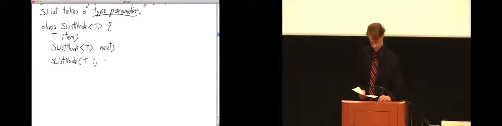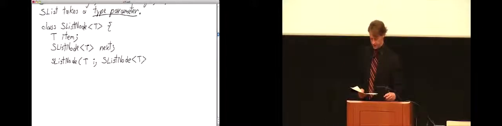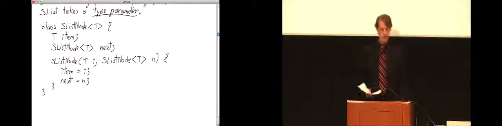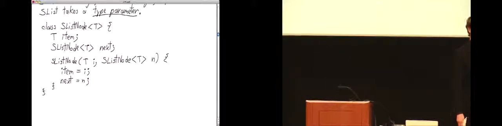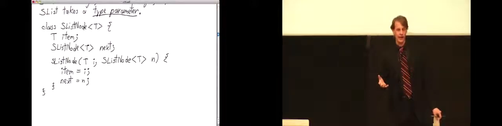It's type T. And it will take an S-list node, but the type of that S-list node is S-list node T. It has to be an S-list node that only stores type T. So there's my S-list node class with a type parameter. And now if I want to create an S-list node that can only store strings or an S-list node that can only store exceptions, I can do that.